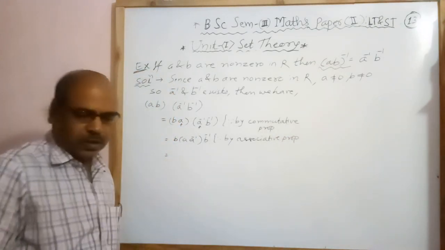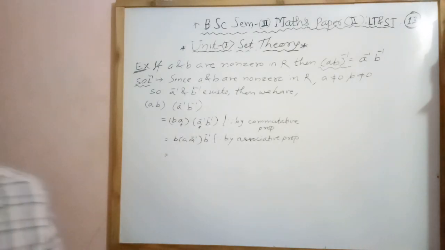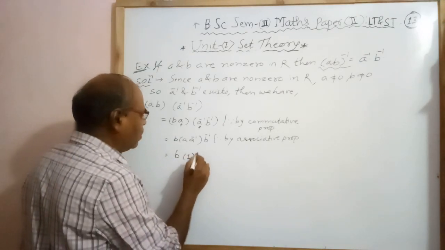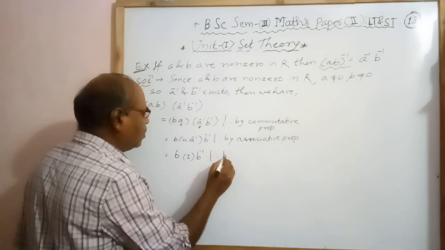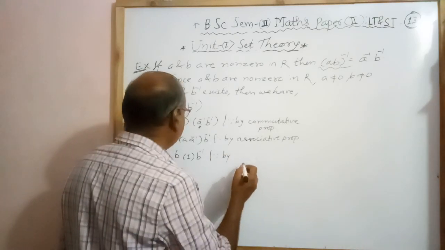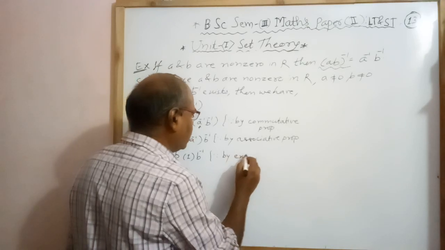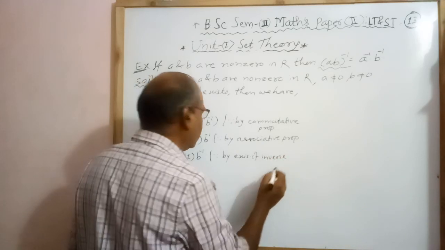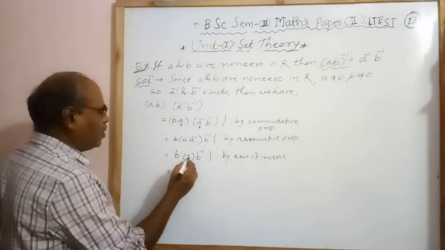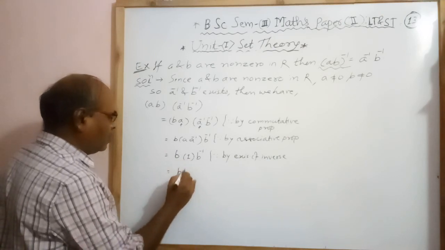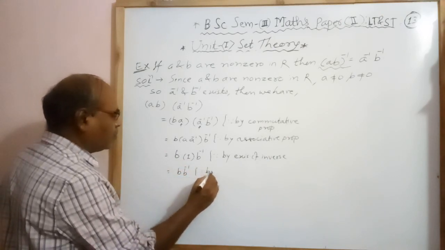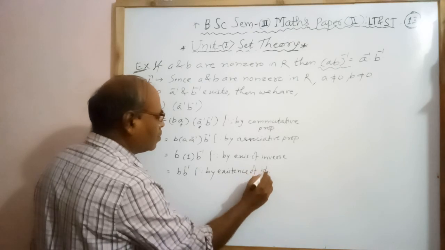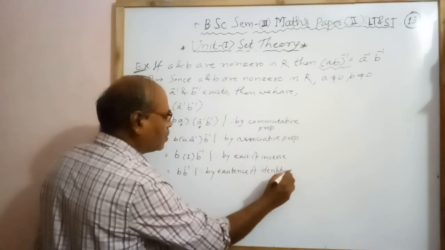We know that A into A inverse, we have 1 in multiplication. Therefore, B into 1 into B inverse, by existence of inverse. Therefore, B into 1 we have B, therefore B into B inverse, by existence of identity element.